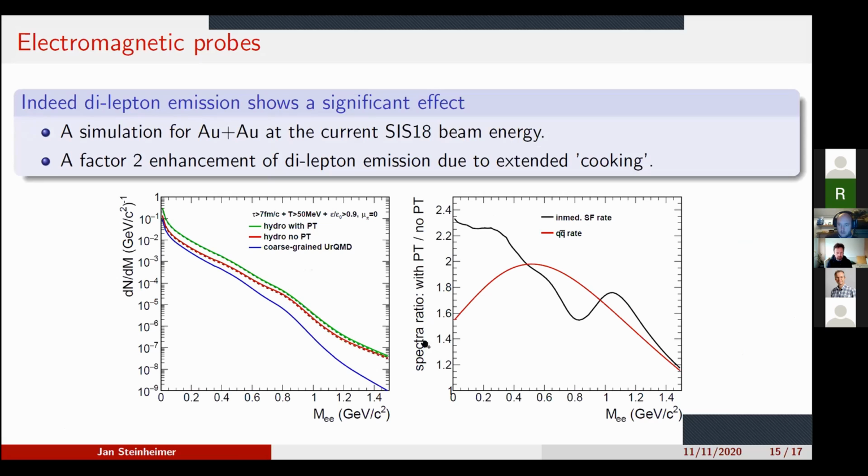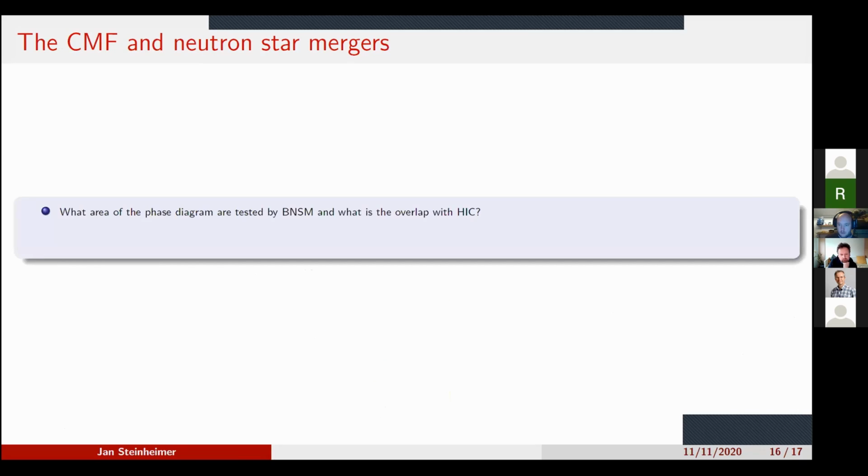This basically shows the enhancement of the dilepton rate when you have a phase transition with respect to no phase transition. So you can see all these things if you put them into the simulations, and you have to find the right observable which is not so sensitive to the non-equilibrium stuff.